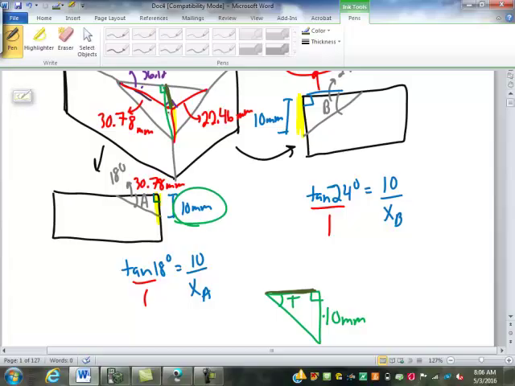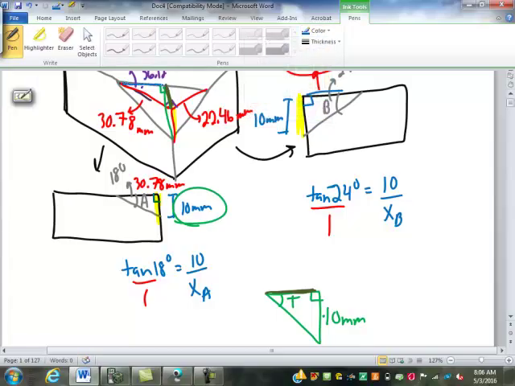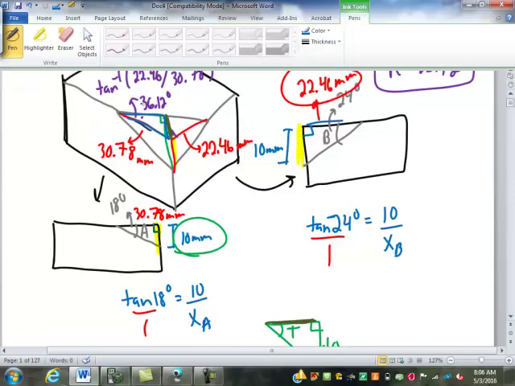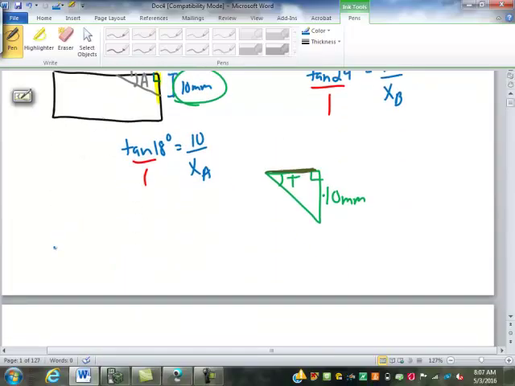What I can do for that is I can actually look at this triangle right here. Now that I know that that's 36.12 degrees, I can look at this triangle on top. So that triangle on top there, this is 36.12 degrees.